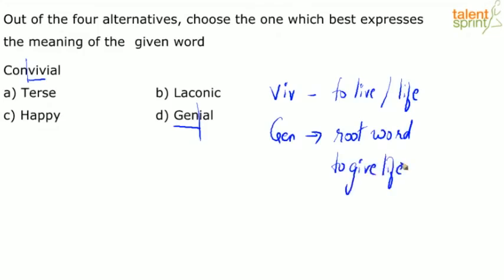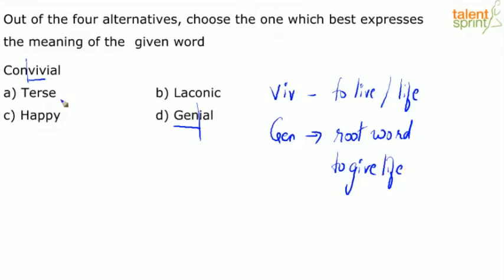So, what I'm trying to say here is, it's good to have an understanding of the given word, but you can also look at the options, and be familiar with certain root words from the given options as well. So an understanding of the Greek root word gen, which means to give life, can help you with the answer in questions like this.